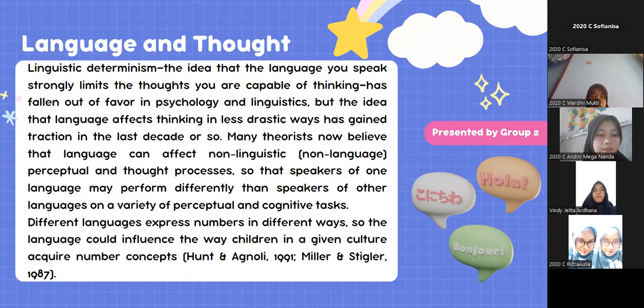Different languages express numbers in different ways, so the language could influence the way children in a given culture acquire number concepts (Hunt and Agnoli, 1991). Research on the relationship between language and thought shows that the way your language works does not change the way you perceive the world.